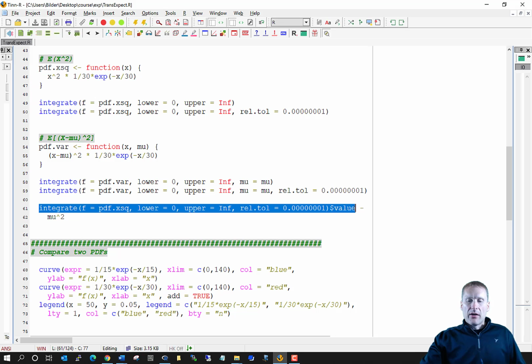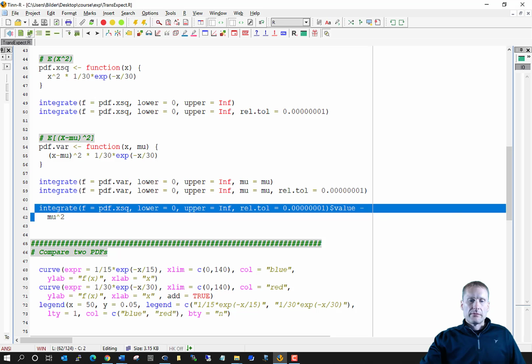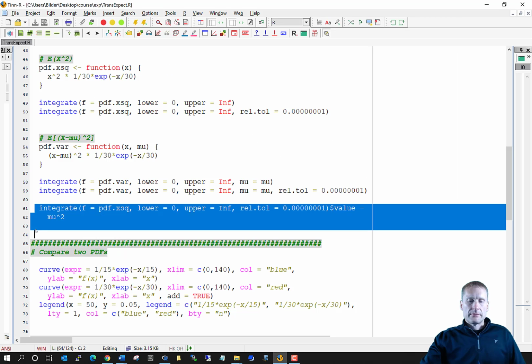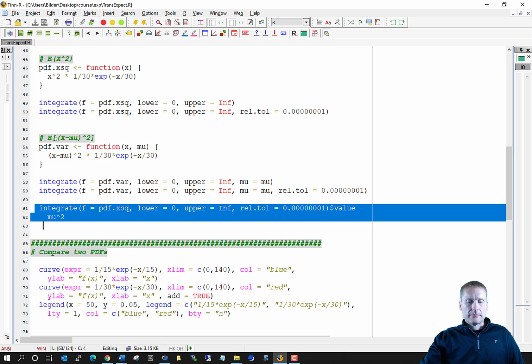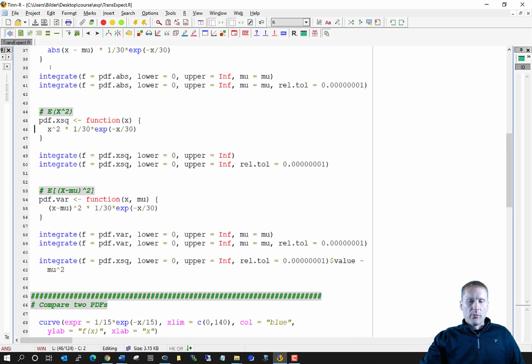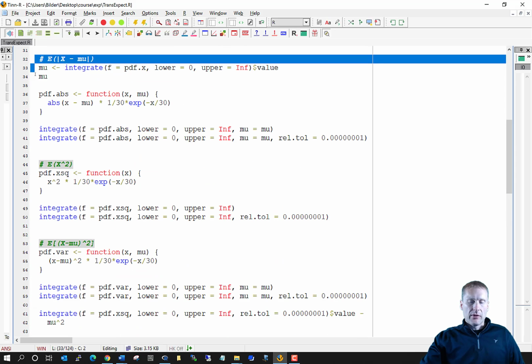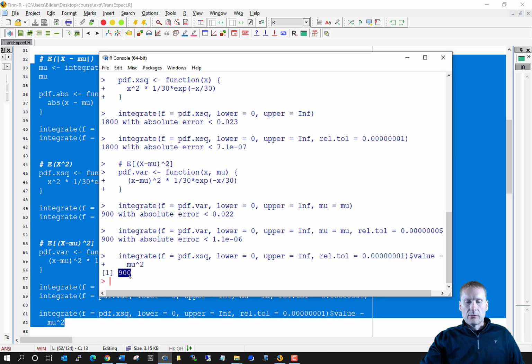I'm going to immediately take out the corresponding value that's calculated by the integrate function, and then subtract off what we've calculated before as mu, which was saved in an object, and square it. Oops. Let me do that again. Okay, I haven't run parts of this code yet. That's why that happened. So let me go ahead and do that. And there we go. We get 900.